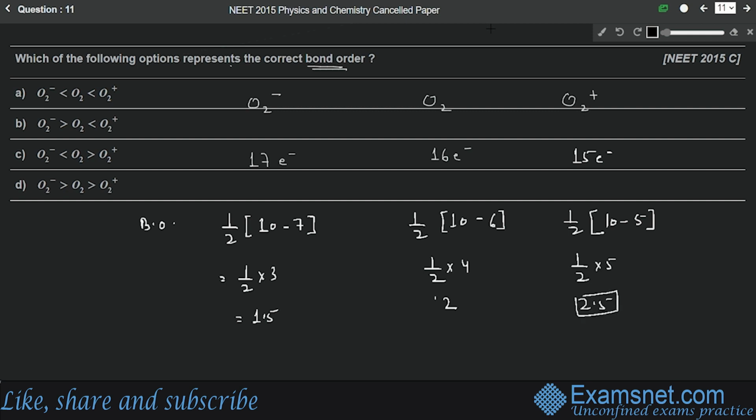So now you can see which one has maximum bond order. O2 plus. Okay, O2 plus, we can simply put the signs here. O2 plus maximum, then O2, and then the least is O2 minus. So according to that, which one should be the correct answer? Option A should be the correct answer, right? Option A is the correct answer.